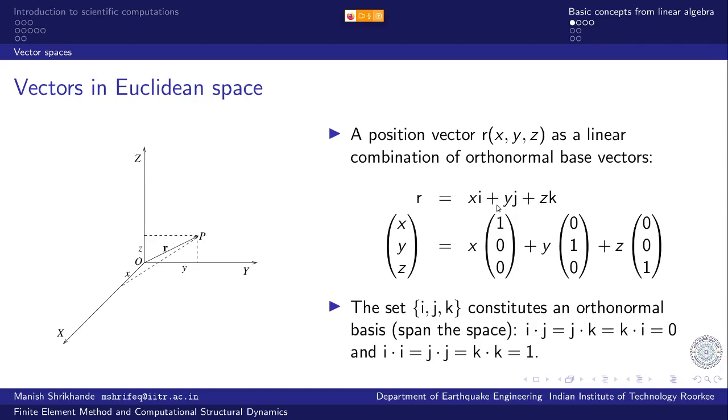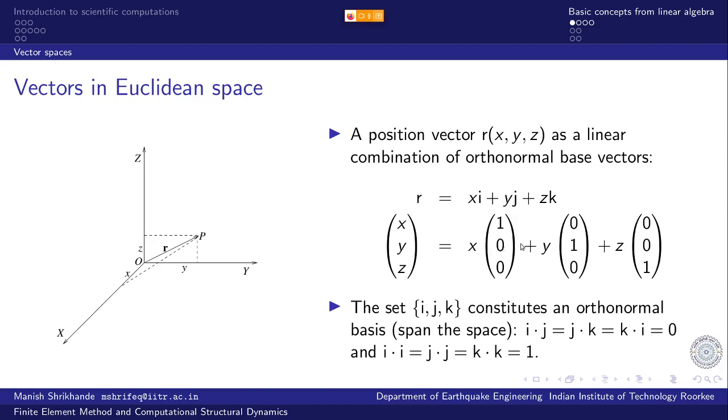This is as general as it gets. There is nothing in this three-dimensional space that cannot be represented by an expression of this kind. That is what we mean when we say that these three vectors completely span the three-dimensional space. By linear combination, I mean each of these appears with a power of 1, so they are linear terms.